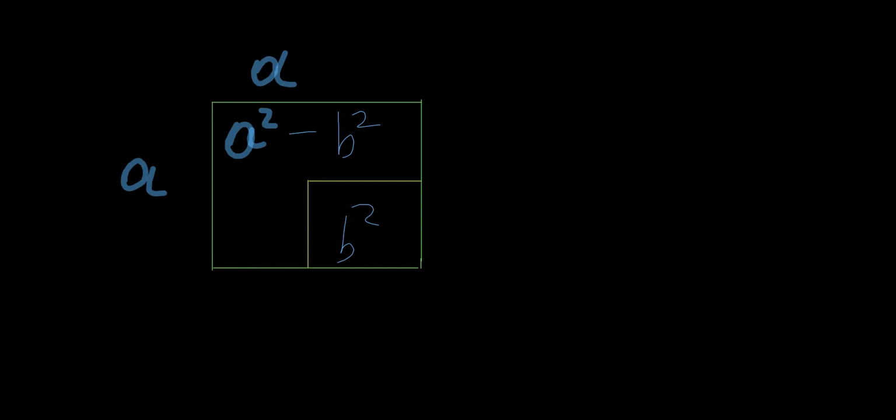But before we move on, let us try to understand something. Let us label our new dimensions. This part would be b, this part would be b. This part would actually be a minus b.